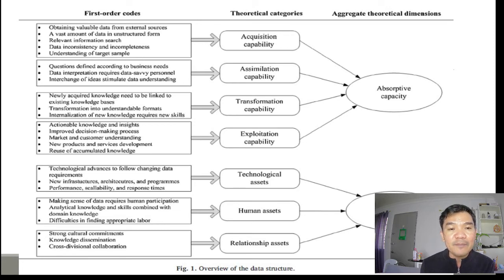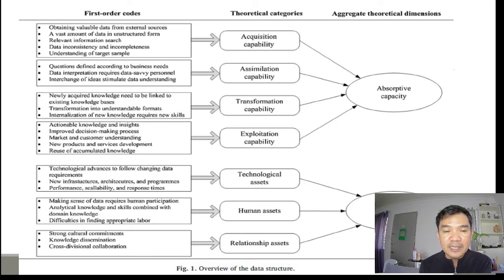So that means they have more challenges on the acquisition capability, because the majority of the first order codes are challenges of understanding, inconsistency, relevance.